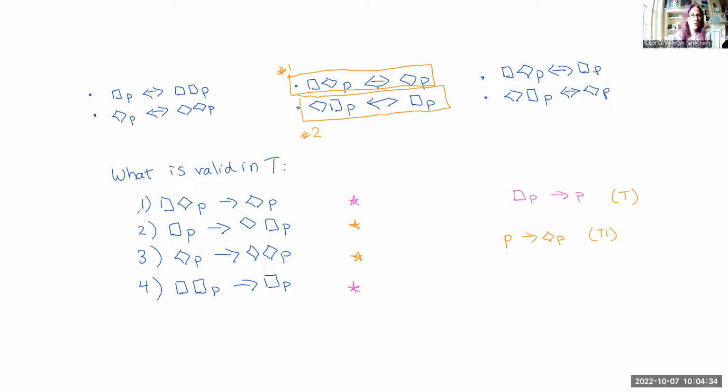And then 3 and 4 are both half of these reduction principles. So this means that in system T, we already have parts of these modal reduction principles. In order to have their equivalence, one way is to just add the other half. So add the direction of the implication that isn't already present in system T.